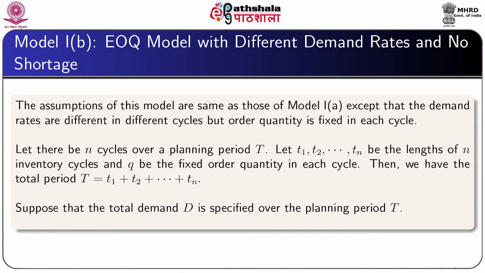Let us suppose that there are n cycles over a planning period T, and T1, T2 up to Tn be the lengths of n inventory cycles, and Q be the fixed order quantity in each cycle. Then we have the total period T equal to T1 plus T2 plus ... plus Tn. Suppose that the total demand D is specified over the planning period T.